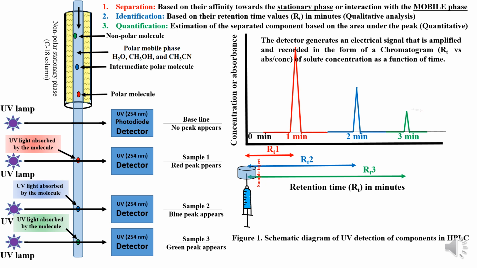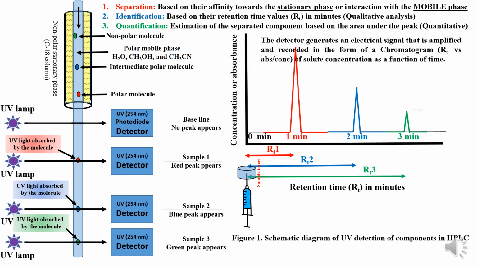Now there are three things that can be done using an HPLC. You can separate the given sample mixture into individual components. This is based on their affinity towards the stationary phase or interaction with the mobile phase. And secondly, identification of the compound.